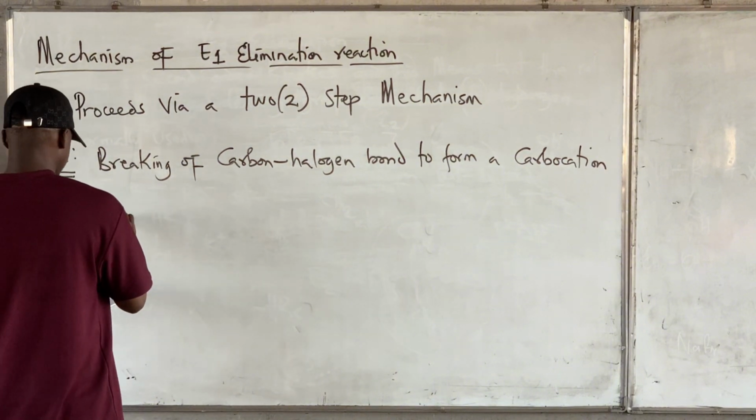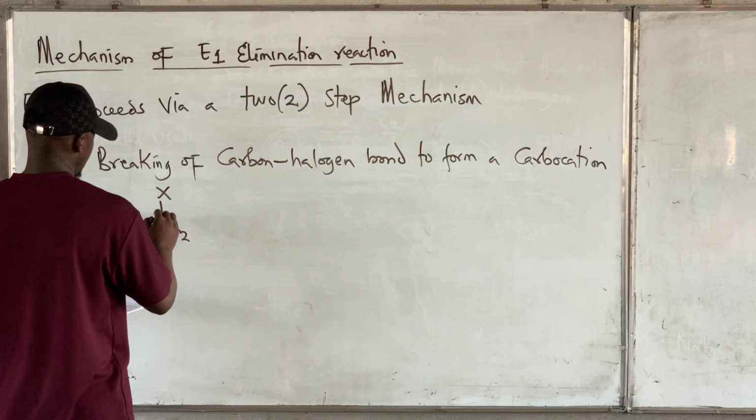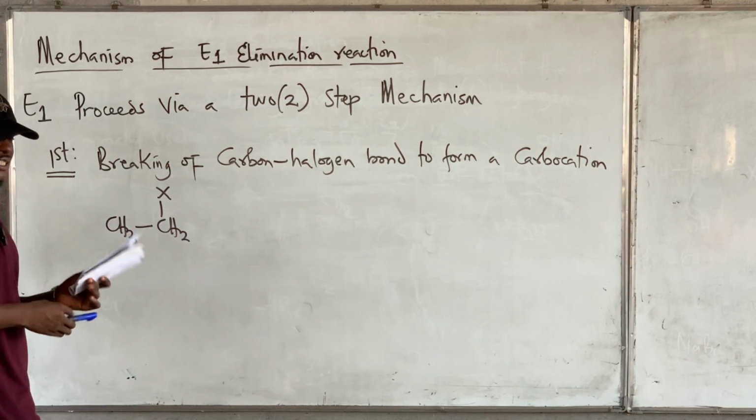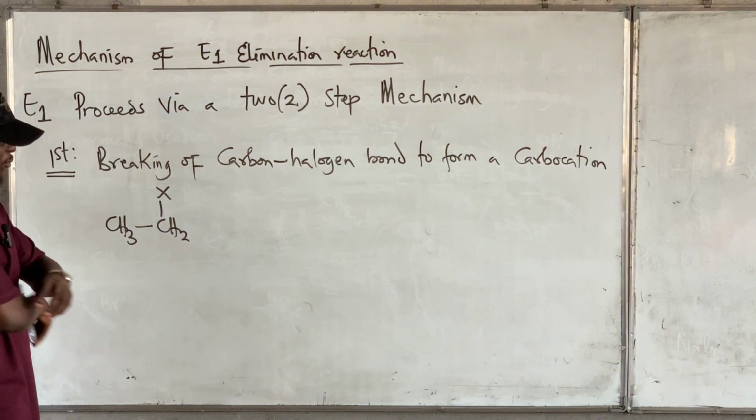Let's assume we have something like this. Now, we say it's a two-step process, but I just want to explain the first step. The first step is breaking up the carbon-halogen bond to form a carbocation.